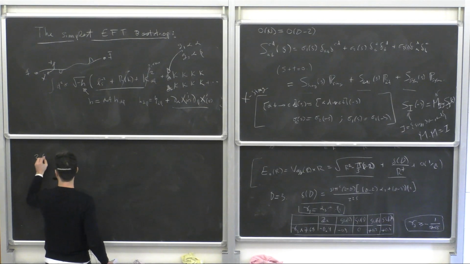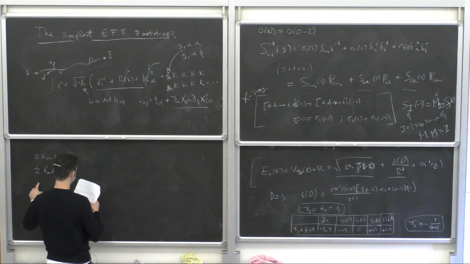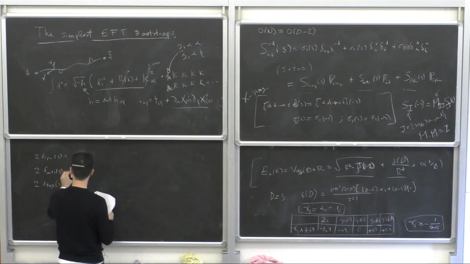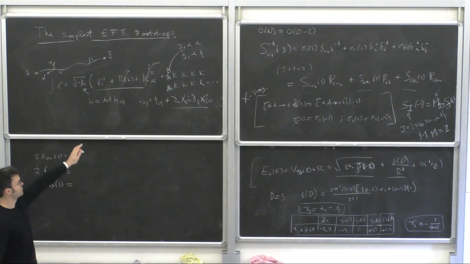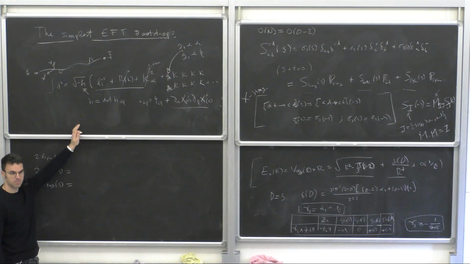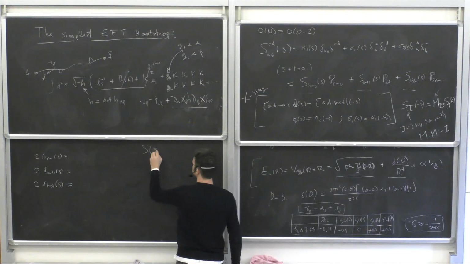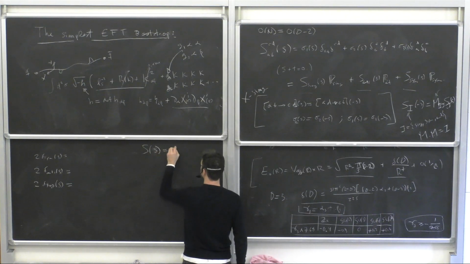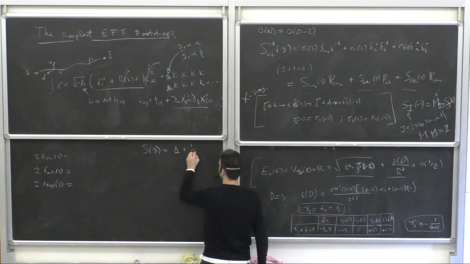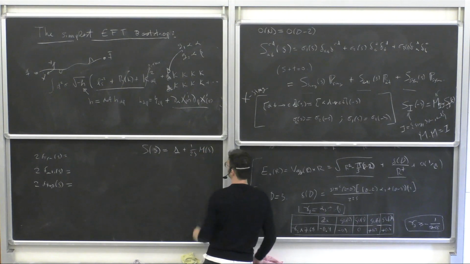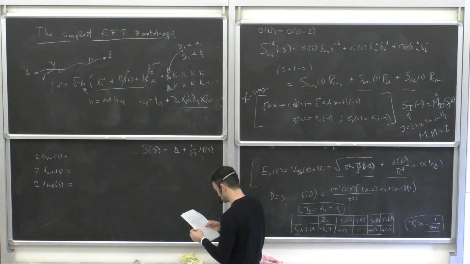So you can take this action and compute each phase shift. I hope it's clear to everyone how you compute the phase shifts. So S of S is going to be 1 plus, there is a factor here. Let me get all the factors correct, but it should be like so.